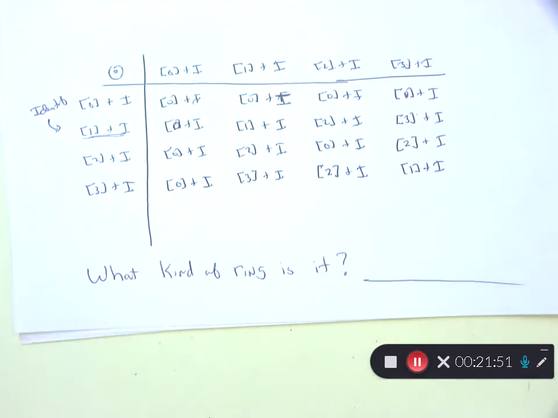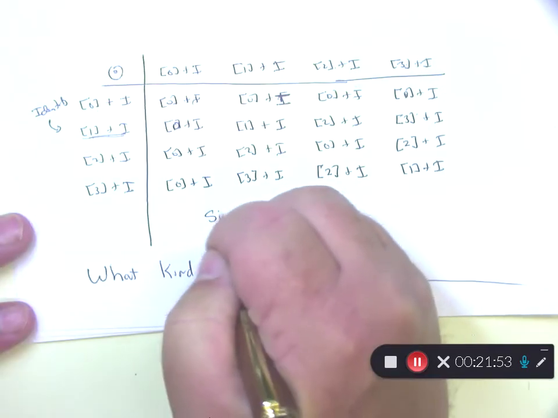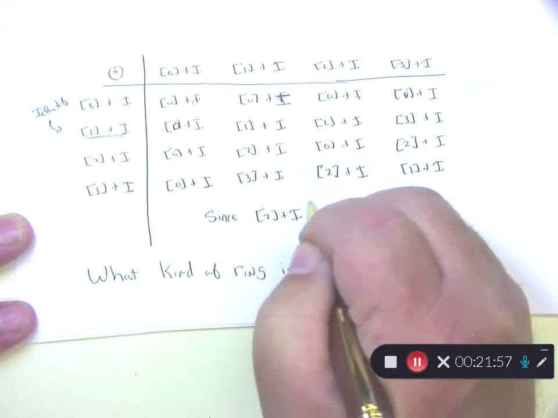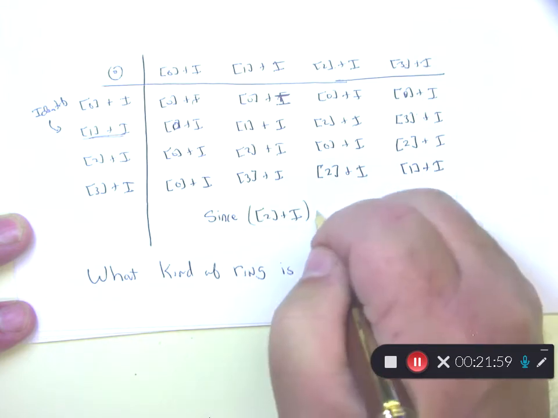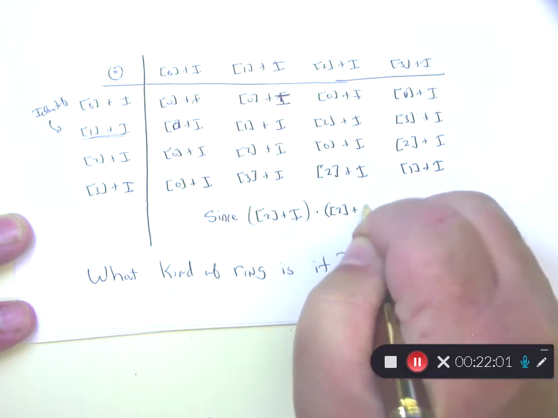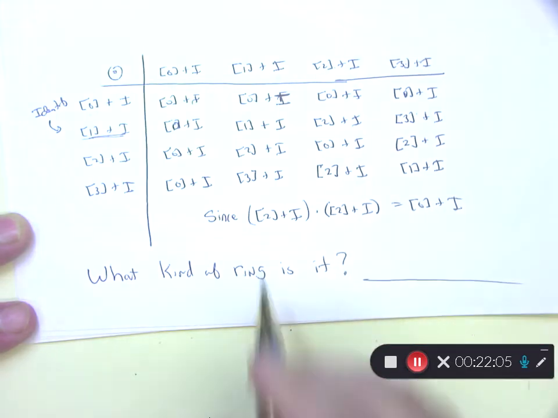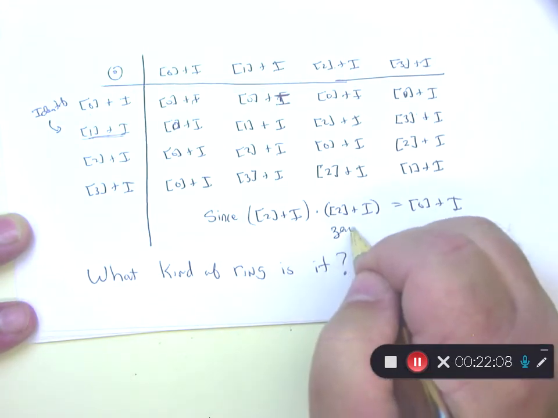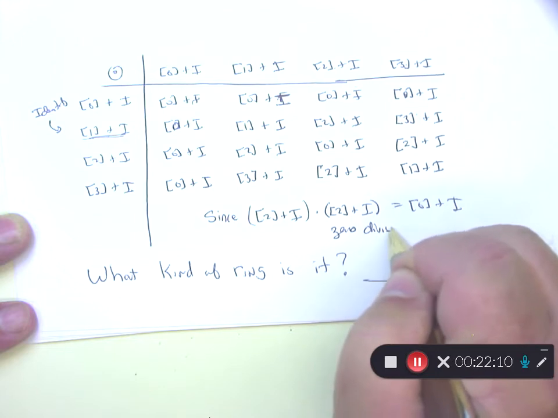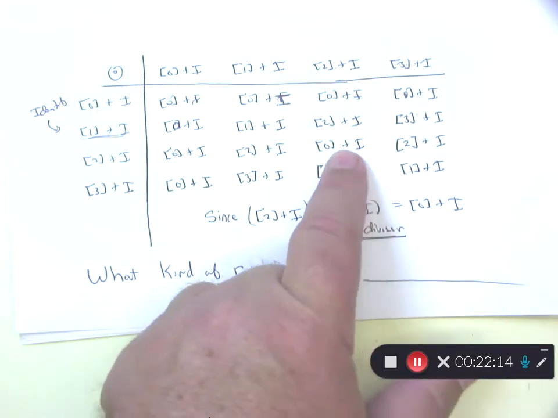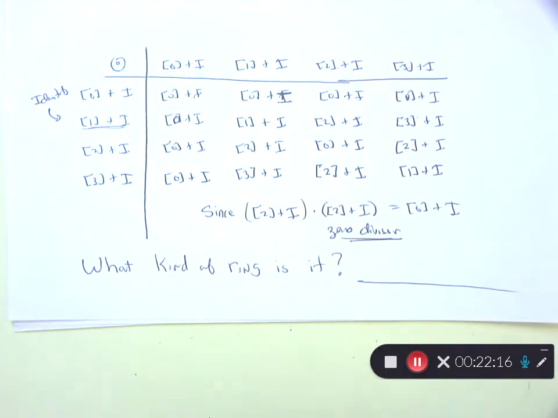But since 2 plus I times 2 plus I was equal to 0 plus I, that's called a zero divisor. We have a zero divisor. There's a big old 0 right in the middle of my multiplication table here. So I got a zero divisor, which means it cannot be an integral domain.